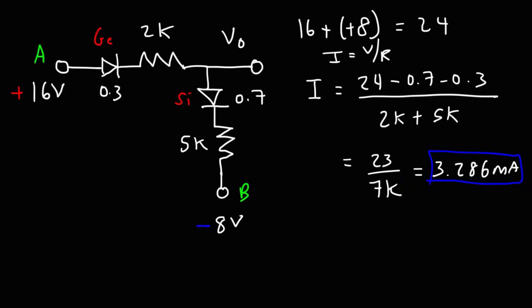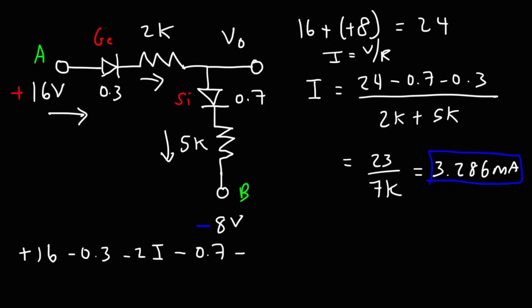Now for those of you who want to show your work the proper way, here's what you can do. We start from the high potential. We have positive 16, a voltage drop of 0.3, going through this resistor is minus 2 times the current, then going through the silicon diode, minus 0.7, and then going through the 5 kilo ohm resistor, it's plus 5 times I, and then minus the negative 8 potential, and that equals 0.